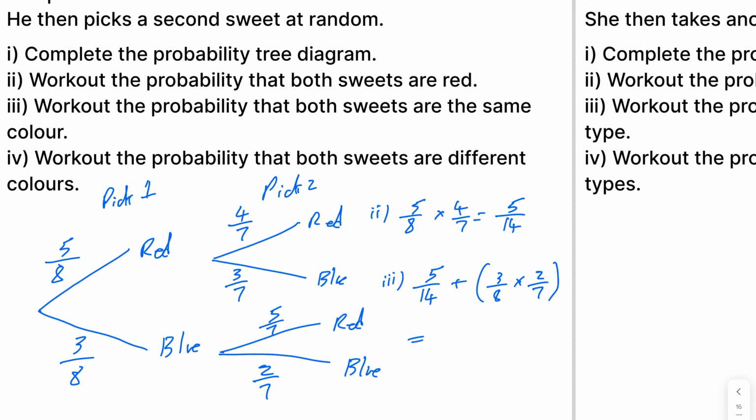So we have 5 out of 14 plus 3 out of 8 times 2 over 7, which is 13 over 28. And moving on, look at the probability that both sweets are different colors. We can just do 1 minus the previous answer, because the probability of them being different is just 1 minus the probability of them being the same.